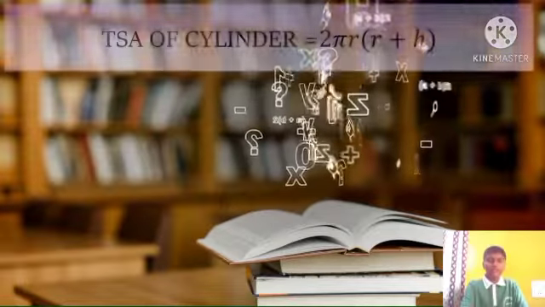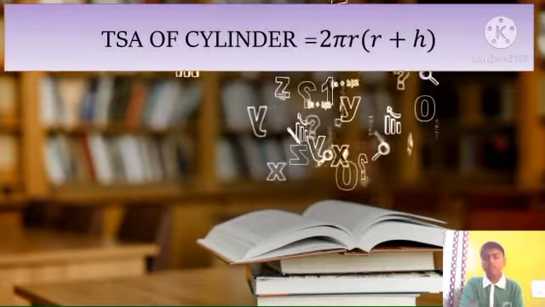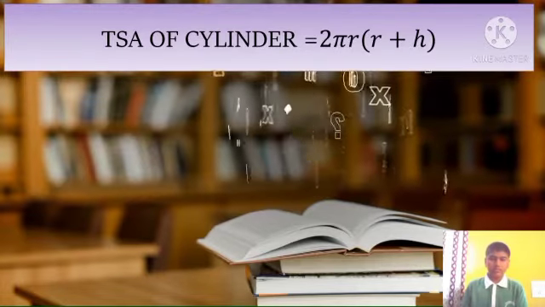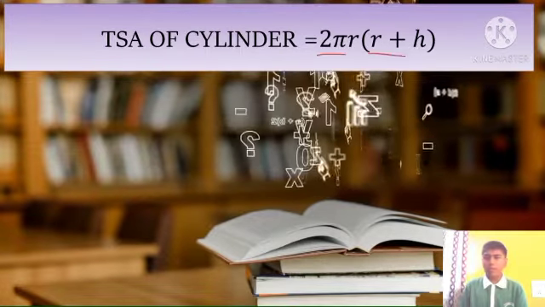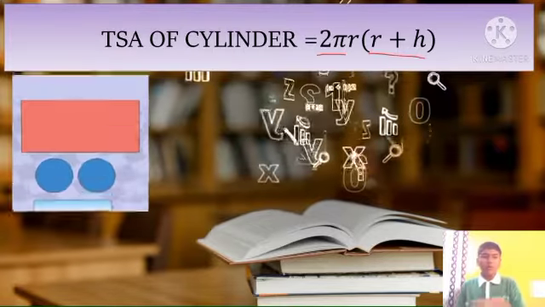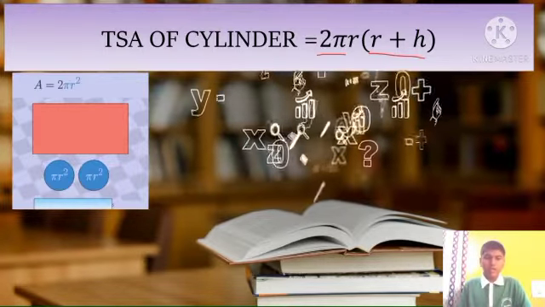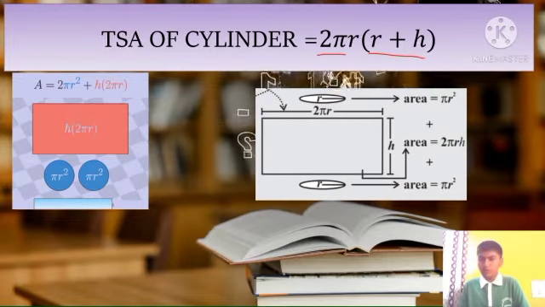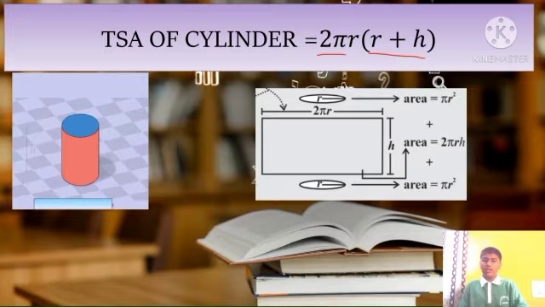So now let's understand the TSA of the cylinder, that is, the total surface area of the cylinder. The formula is 2 pi r (r plus h). Basically, we understood that the cylinder is made up of two circles and a flat surface.